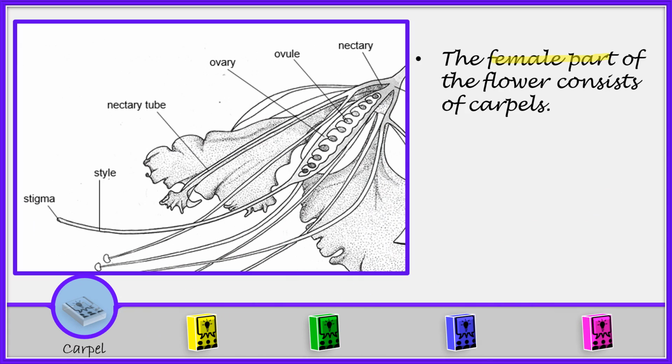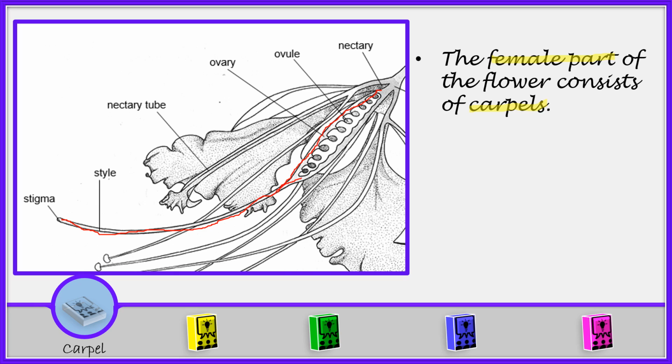The female part of the flower consists of carpels. The female part of the flower is this part we are seeing here. Then it comes up. This is the style, and from the style it goes to the stigma.